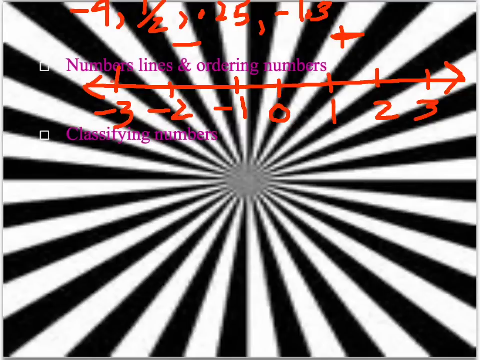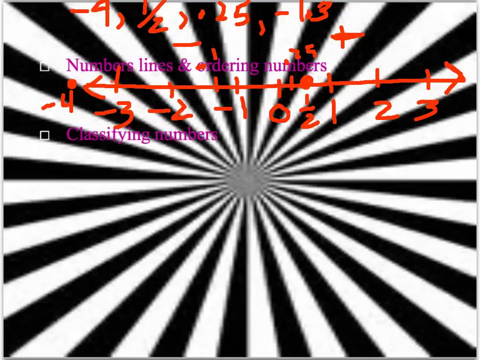So let's see here. I've got -4 down here. 1/2 is between 0 and 1, so it goes there. Then 0.25 is between 0 and 1/2. So that is 0.25. Then I got -1.3. Well, -1.3 is between -1 and -2.